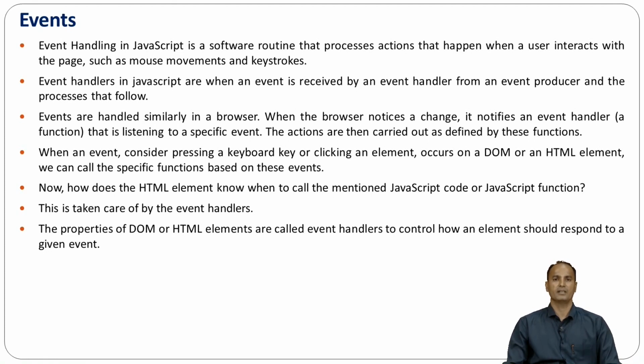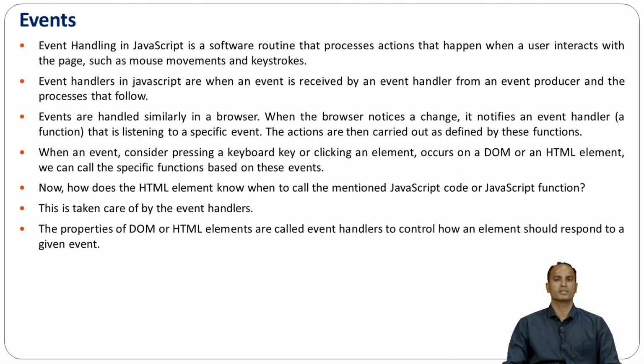Event handling in JavaScript is a software routine that processes actions that happen when a user interacts with the page, such as mouse movement and keystrokes. Event handlers in JavaScript work when an event is received by an event handler from an event producer and the processes flow. Events are handled similarly in a browser.